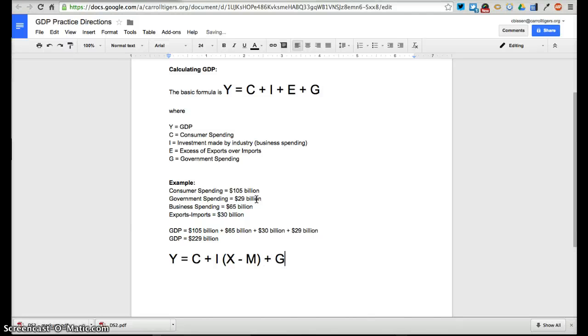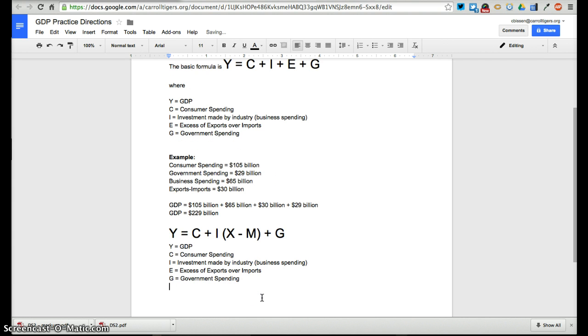Okay, if you look at this, these things are still the same. However, we're going to add in X equals, can you guess? Exports. And M equals imports.